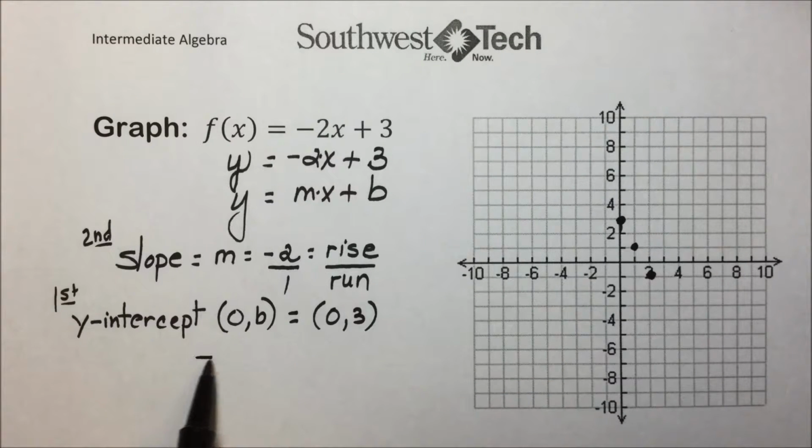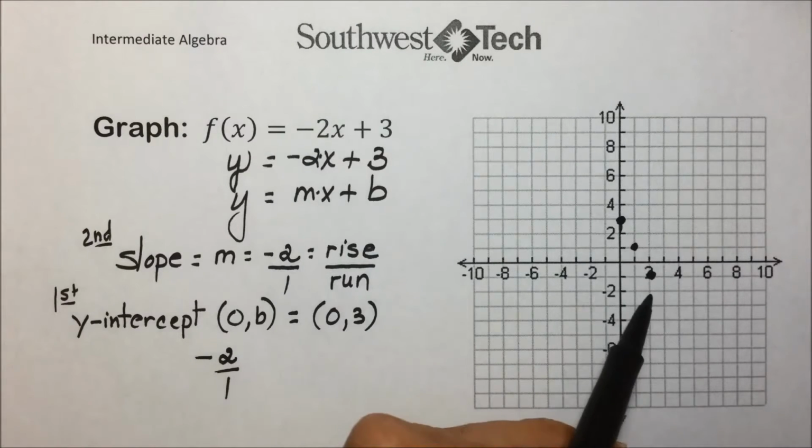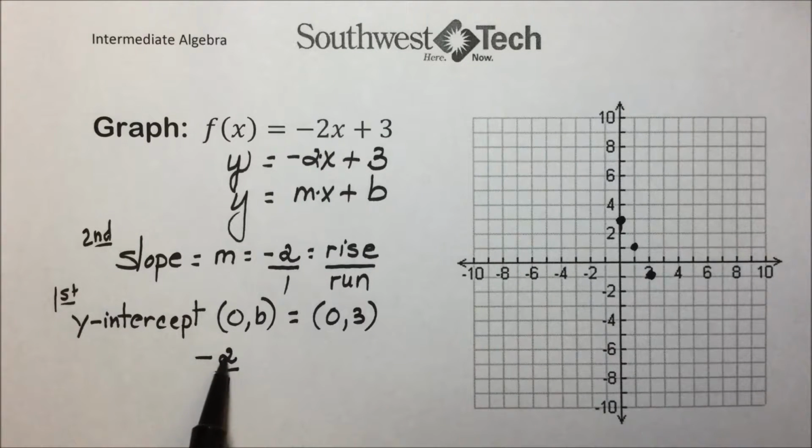Now, just an option, if your graph has a negative slope and you run out of room dropping 2, negative 2 over 1, a negative divided by a positive is a negative, but we also would have the same if we had 2 over negative 1.